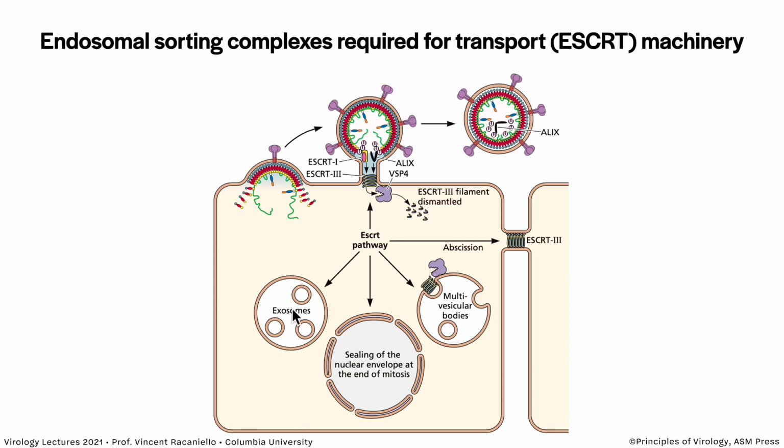In the cell, membranes form all the time. For example, these multivesicular bodies form by membranes butting into this bigger membrane. They're pinched off by the ESCRT pathway. So the ESCRT pathway is this little spring here. Exosomes are made by the ESCRT pathway.